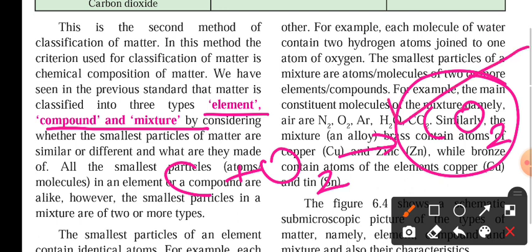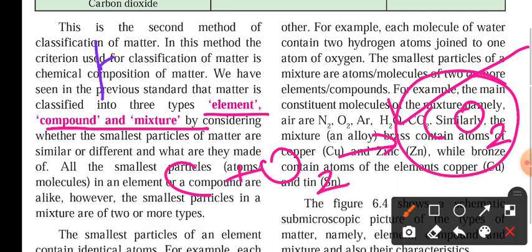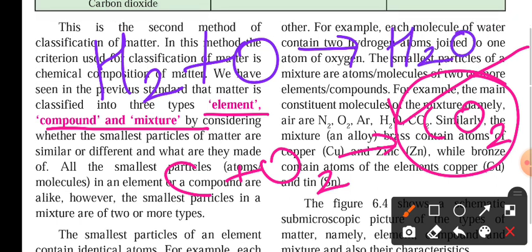Same way, if I have two hydrogen and one oxygen, it combines and gives us H2O. These are not chemically balanced equations. I'm just giving you the concept of how compounds are formed.